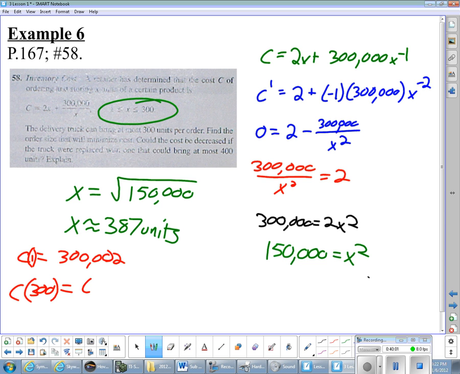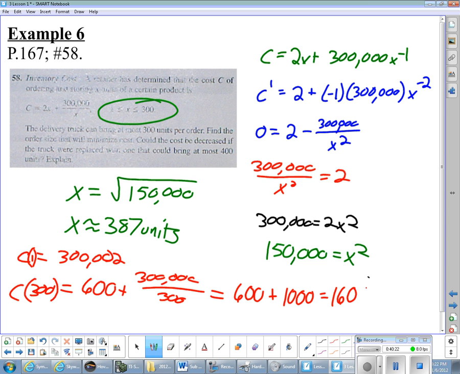And so what we got now is 600 plus 300,000 divided by 300. And so dividing it here, 600 plus, the zeros cancel, 1,000. So this will actually minimize our cost to just $1,600, which is the cheapest we can do.